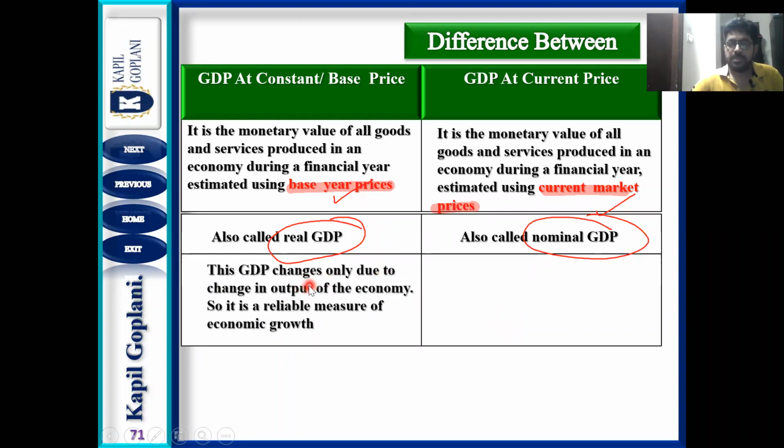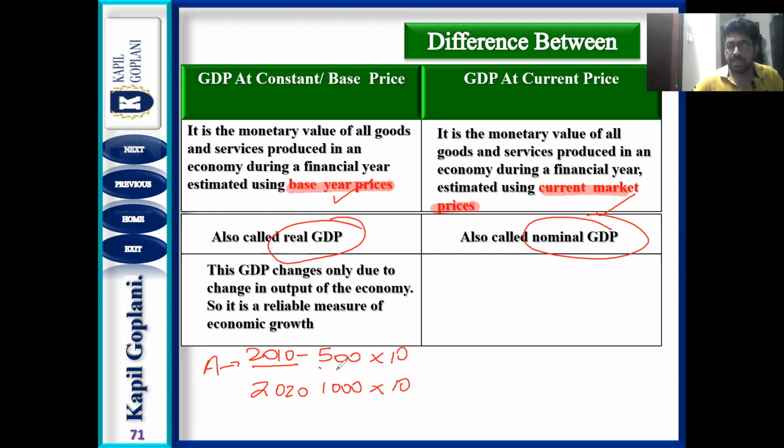See, real GDP will change only when output actually increases. Take an example now. Here, suppose good A is there. In 2010, I have produced 500 units of good A. In 2020, I have produced 1000 units of good A. Now I'm taking the price as the base year price of 2010. Suppose the base year price is 10. Here also I will multiply with 10.